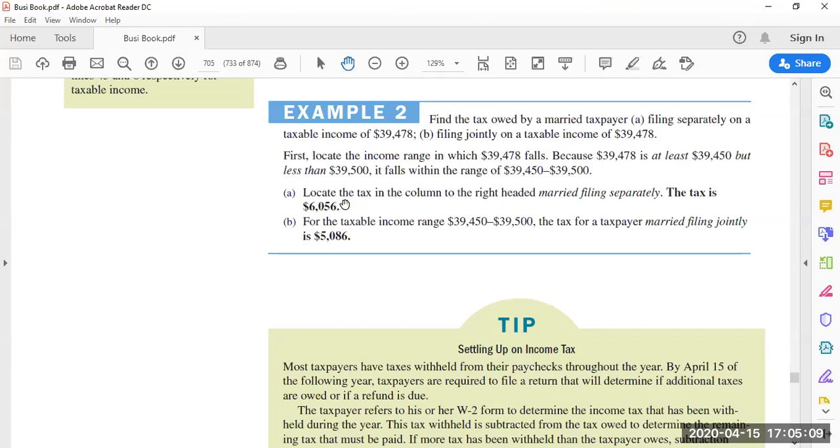All right, so what happens in general: if you have not had enough money withheld from your income throughout the year, then at the end of the year you will have to make up the difference. It will be the tax due. They will take the amount from the table in example 1, example 2, part A, and from this amount, they will subtract the amount of money that you had withheld from your income during the year from your employer.